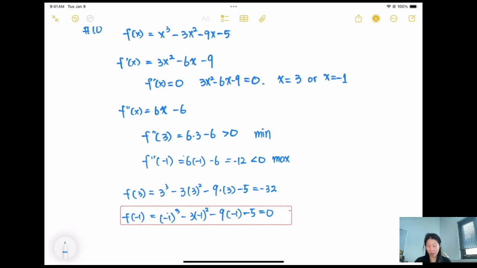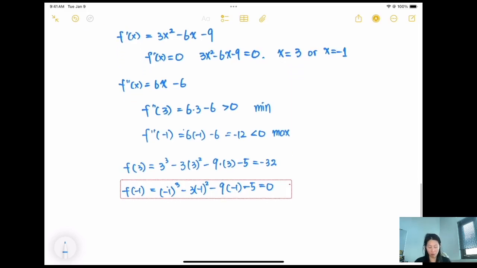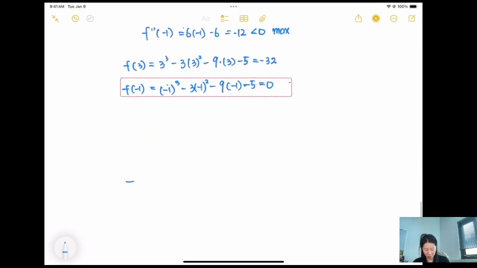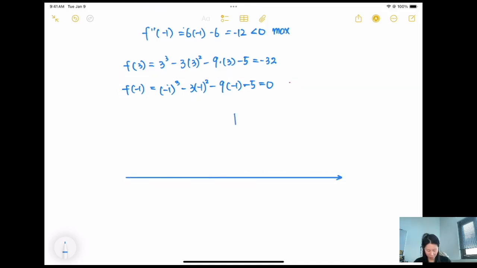All right, so now we can start graphing. We have 2 points. At 3, -13.2, let's say around here, 3 and -13.2.